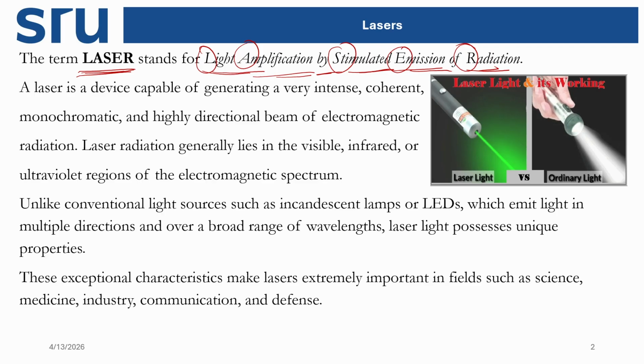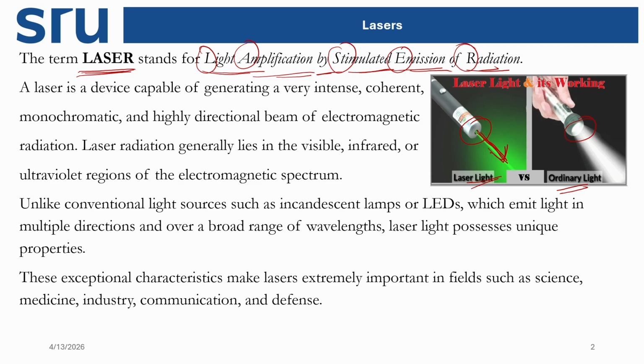First we'll see in a very broad way what is the difference between laser light and normal ordinary light. If you see, on the right-hand side is the ordinary light, whereas the left-hand side is laser light. Laser light is pointed, narrow, and in a particular direction, where intensity is very high.